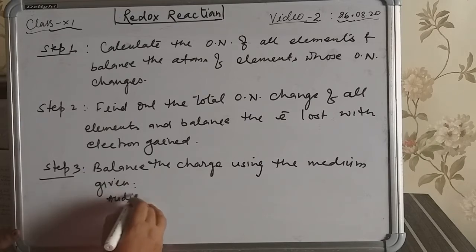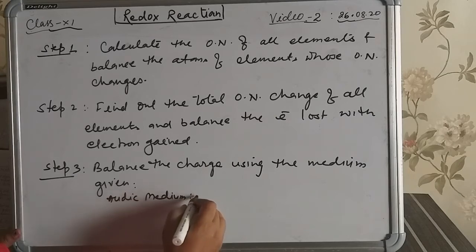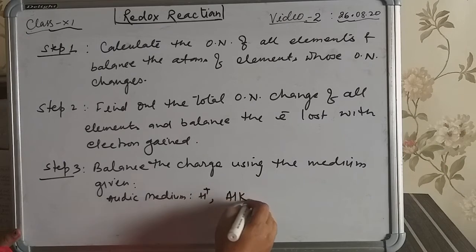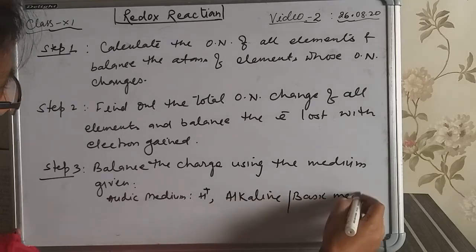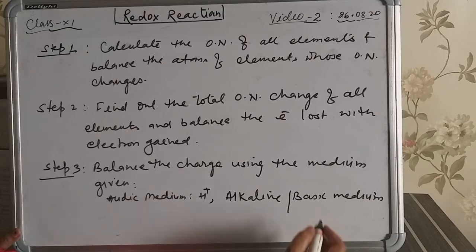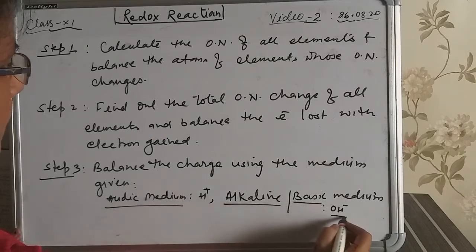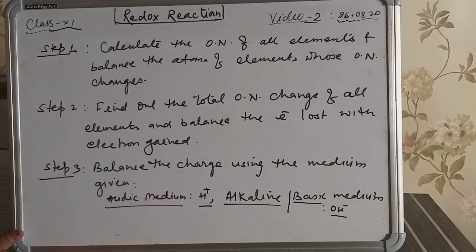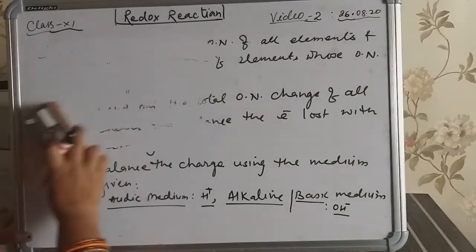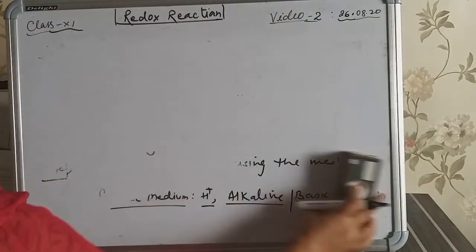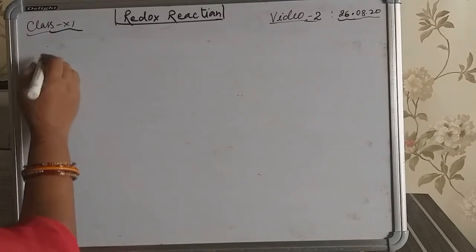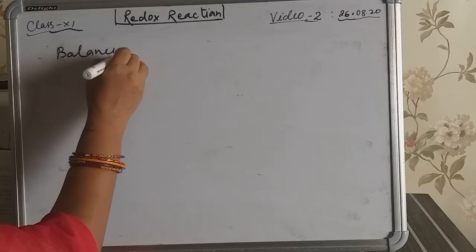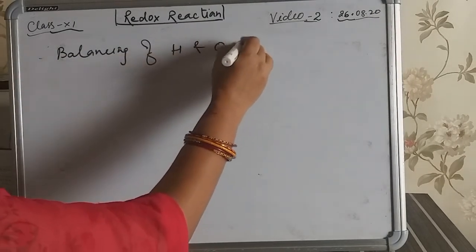Suppose acidic medium, use H plus; for alkaline or basic medium, use OH ion. Then balance the hydrogen and oxygen atoms.